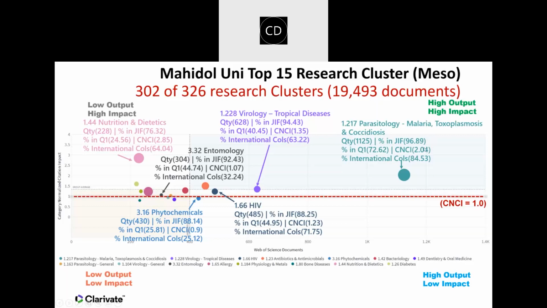So out of the clinical and life sciences papers, you have high performance for parasitology, which is inclusive of malaria. So that's why it's right here. Then the next highest is virology, tropical diseases, and HIV.